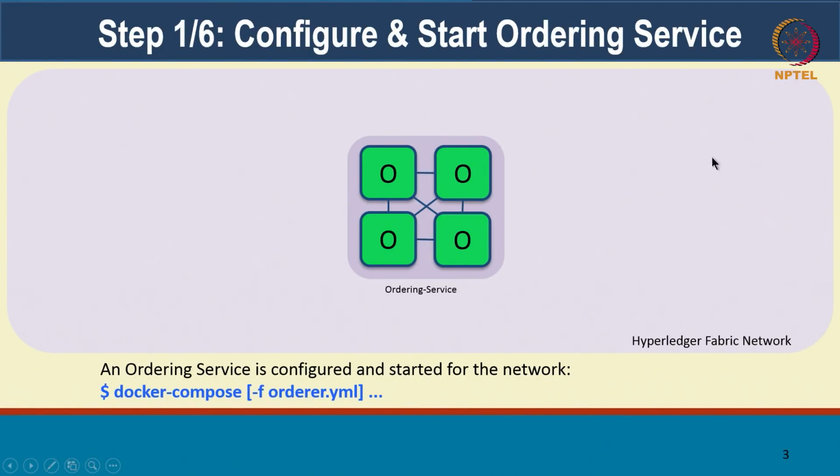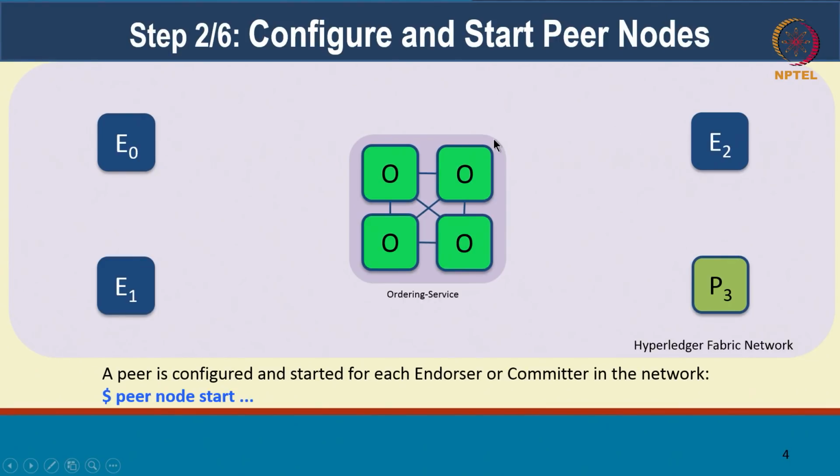Once the ordering service is up, the next step is to configure and start peer nodes. You could have multiple organizations that are part of this blockchain network. Each of those organizations could run one or more peers. Of course, all the identities have to be set up when you're bringing up each of these entities. I'm assuming that when you brought up the ordering service, the identity for the ordering service is set up.